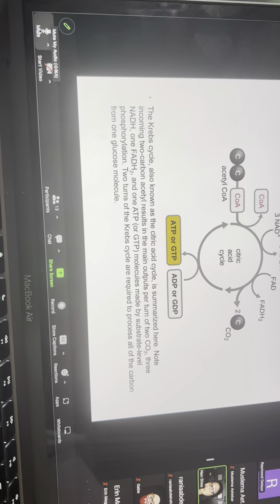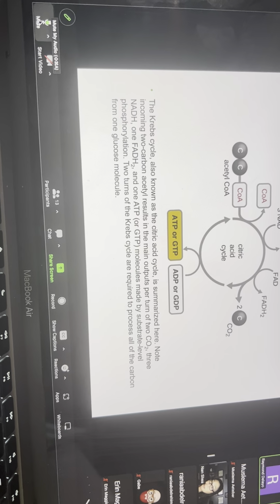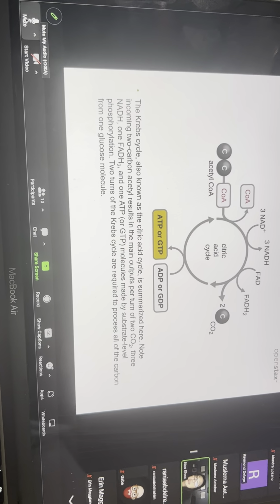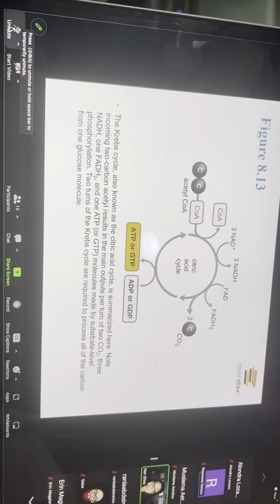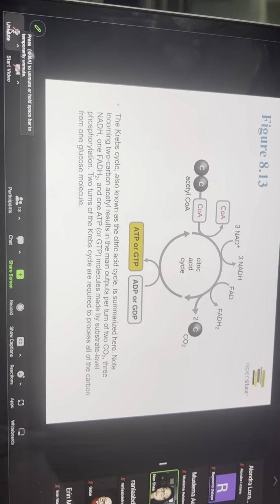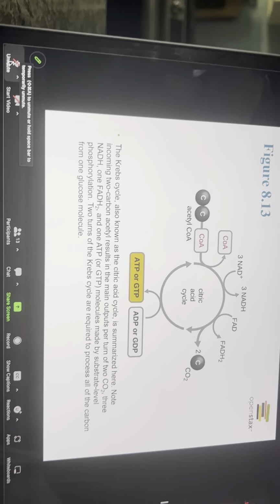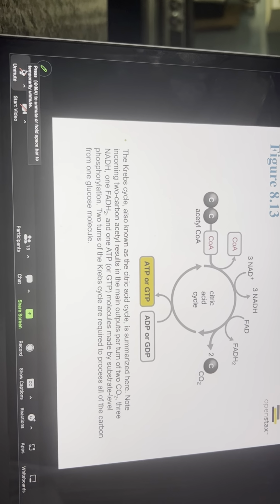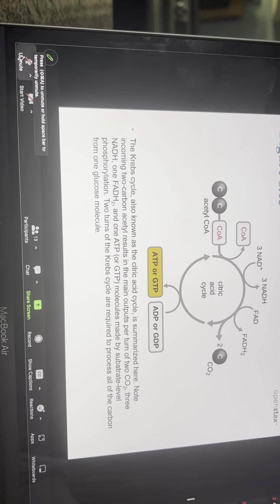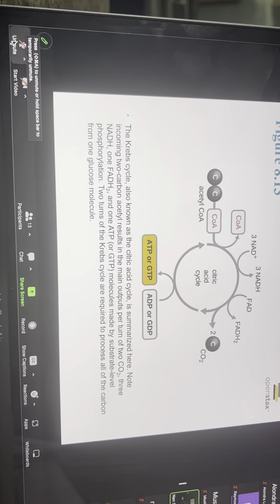Oh, the citric acid cycle, the Krebs cycle. Right. So that is the purpose of the citric acid cycle. I think there was one question that said, what is the significance of the citric acid cycle? It is to make NADH and FADH2, these high energy molecules.